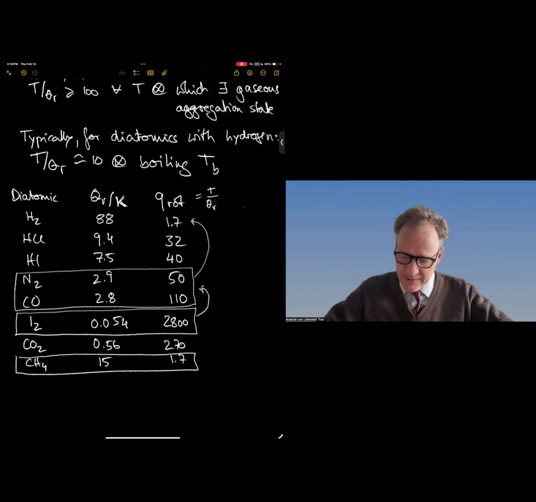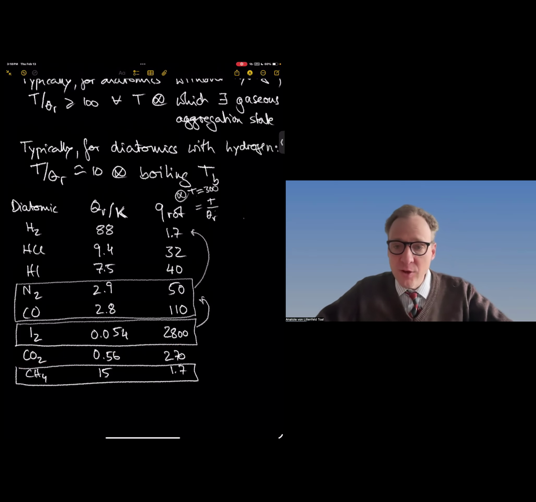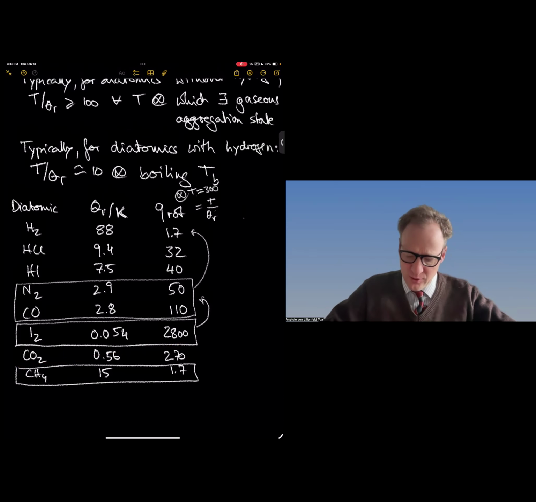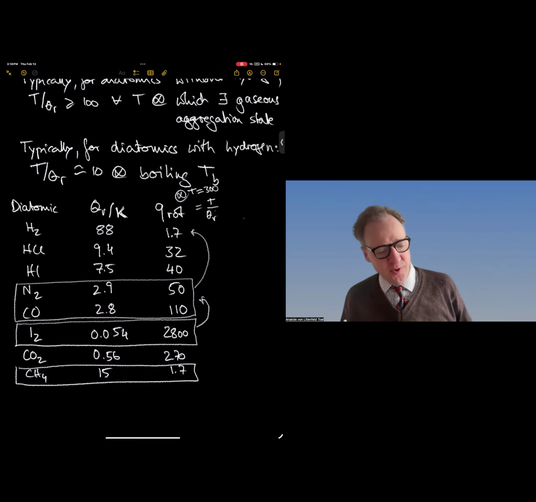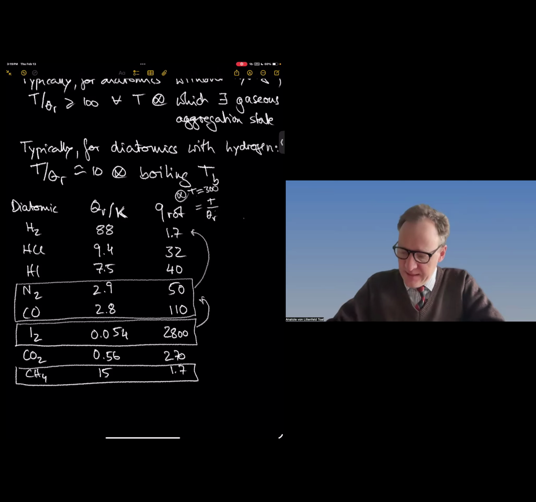So what you will notice if you divide 300, so this is at T equals 300, by tau, you don't necessarily get the values in the Q rot column. And the reason for that is that what's actually reported here is not T by tau R, but T by tau R times sigma.